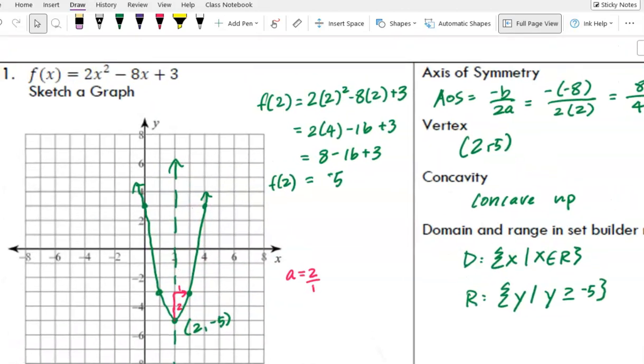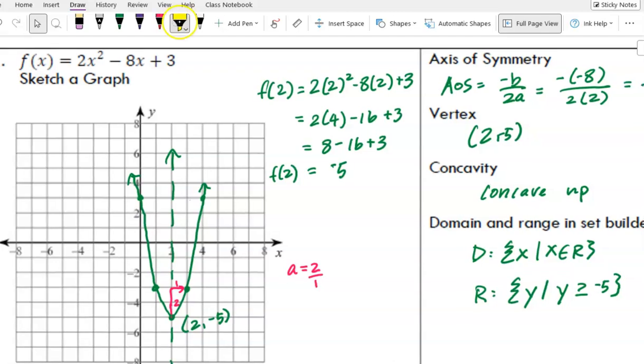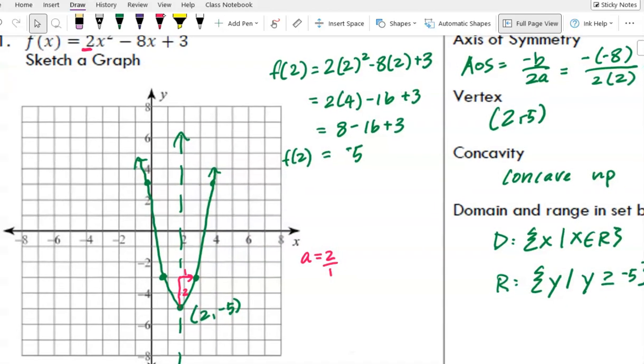But what I want to point out to you is, remember when I said that you can take the a value and you can figure out the next points based on that a value?